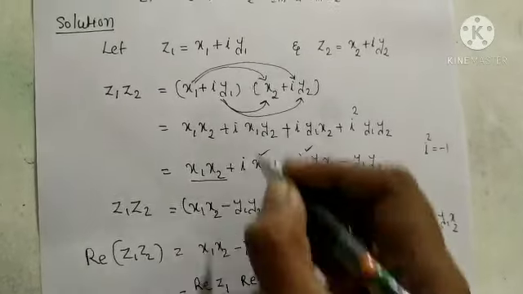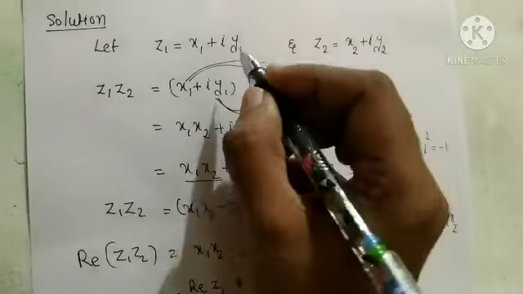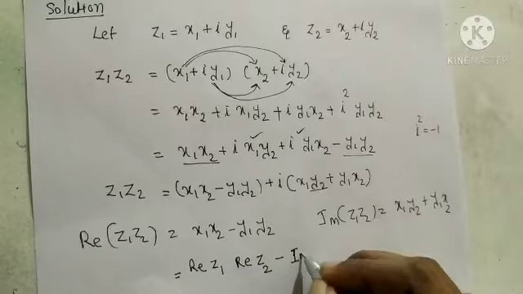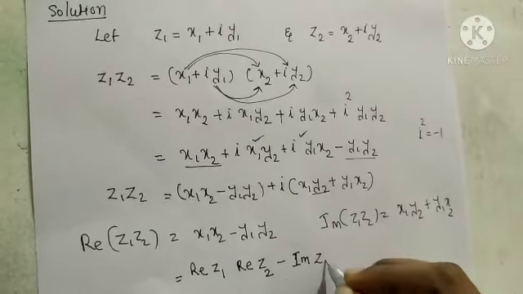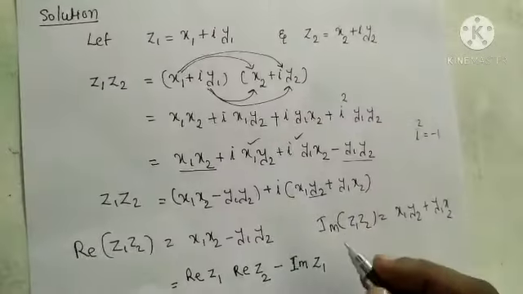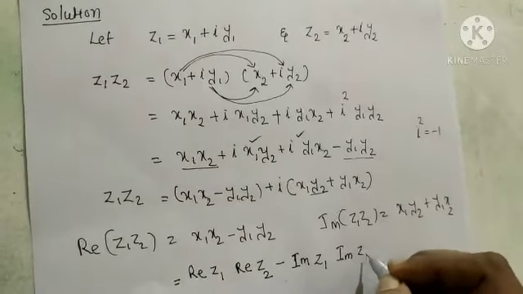Minus y1 is the imaginary part of z1, so sorry, imaginary part. I am going to replace this y1 by imaginary part of z1, and y2 is the imaginary part of z2, so I replace this y2 by imaginary part of z2.